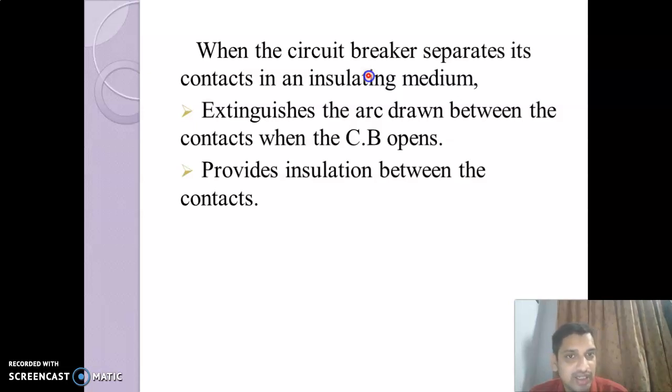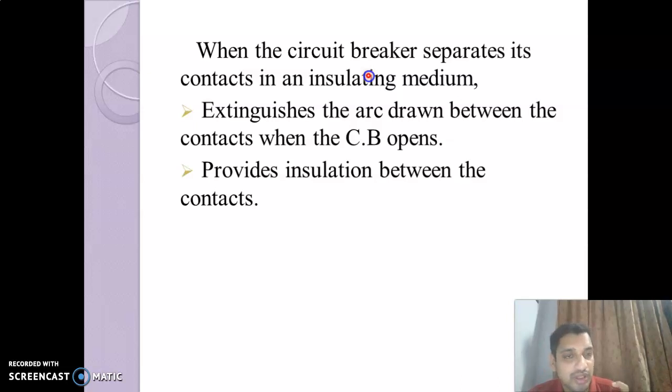In this condition, the short circuit current flows through the arc, because the arc acts as a low resistance path, so it is conductive in nature. So the main objective of a circuit breaker is to extinguish the arc as soon as possible.